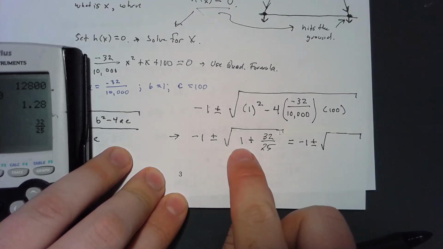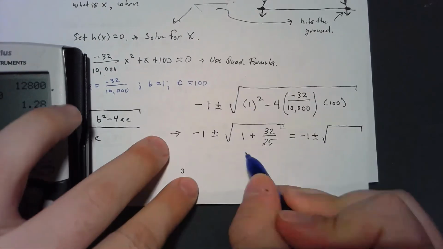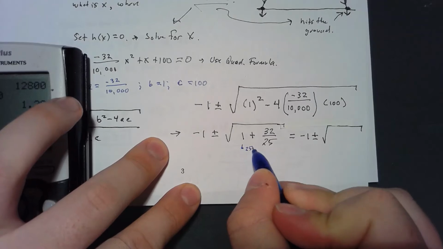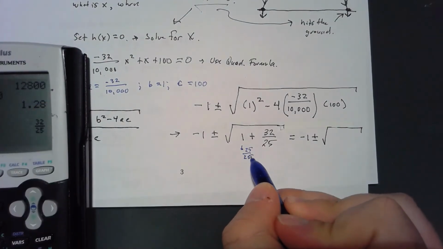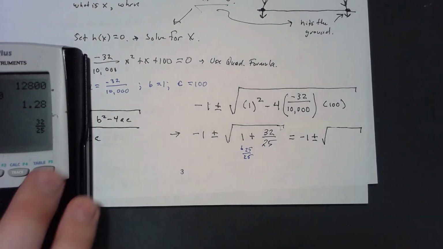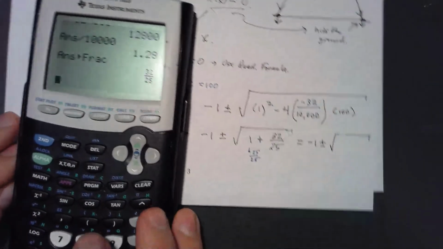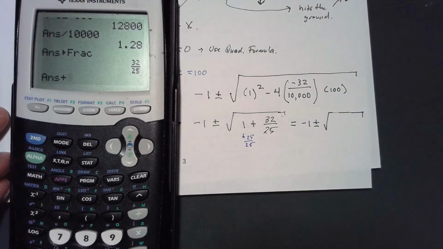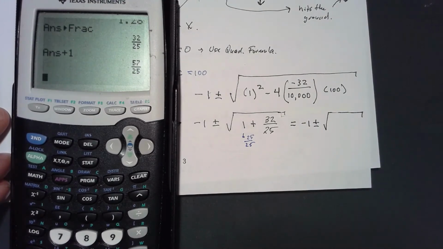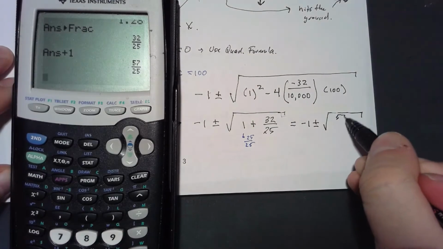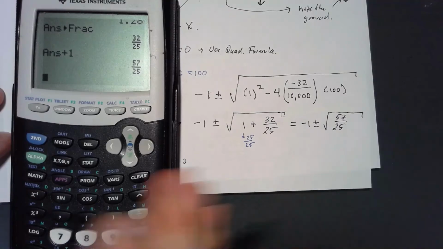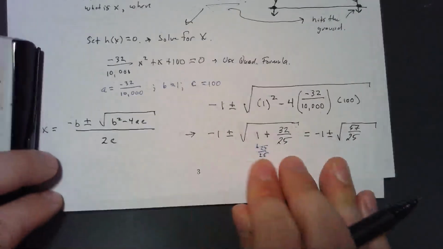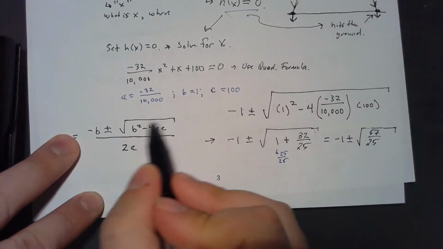So I could treat 1 as 25 over 25, plus 32 over 25, which will give me 57 over 25. So I'll have the square root of 57 over 25. Now don't forget, this is just the numerator of this problem.